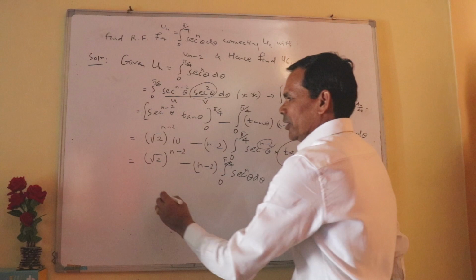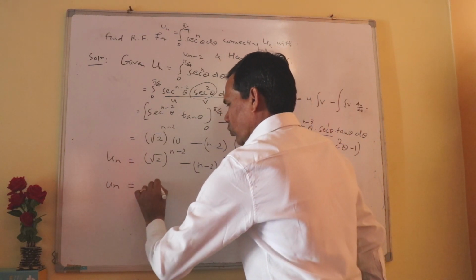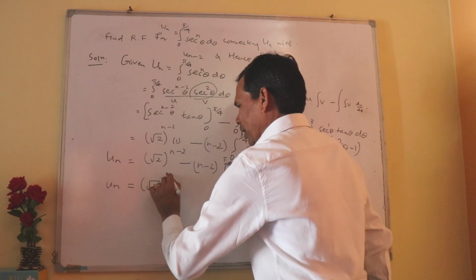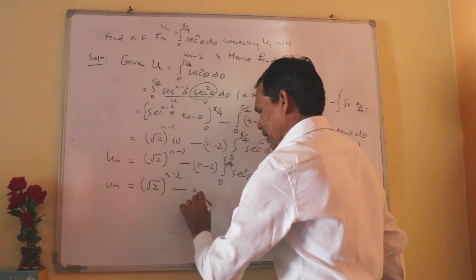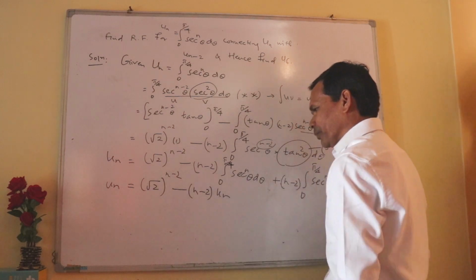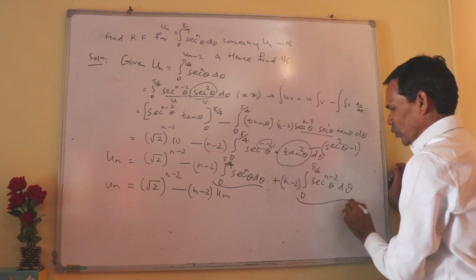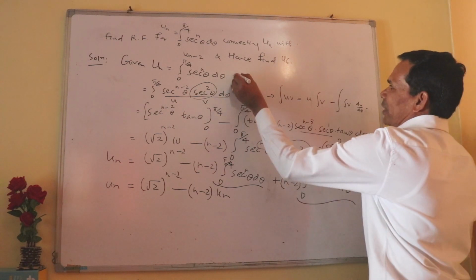Now this one is Un. So Un is equal to root 2 bracket raised to n minus 2 minus n minus 2, and this one is Un. Now this one is Un minus 2 from the original integral.